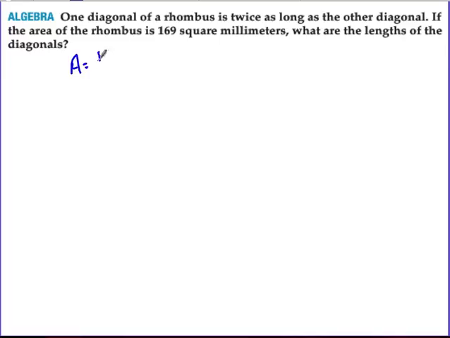Area equals 1/2 diagonal 1 times diagonal 2. And the problem tells us that one diagonal is an unknown length, and the other diagonal is twice that length. And so we can substitute some things into the formula now.